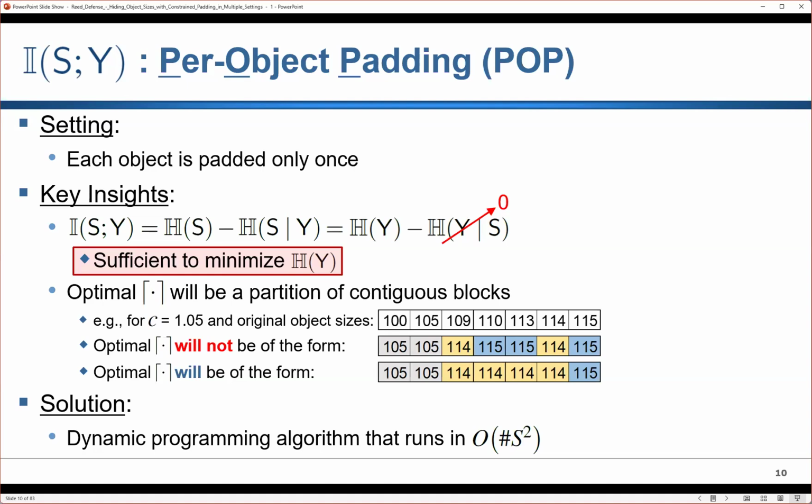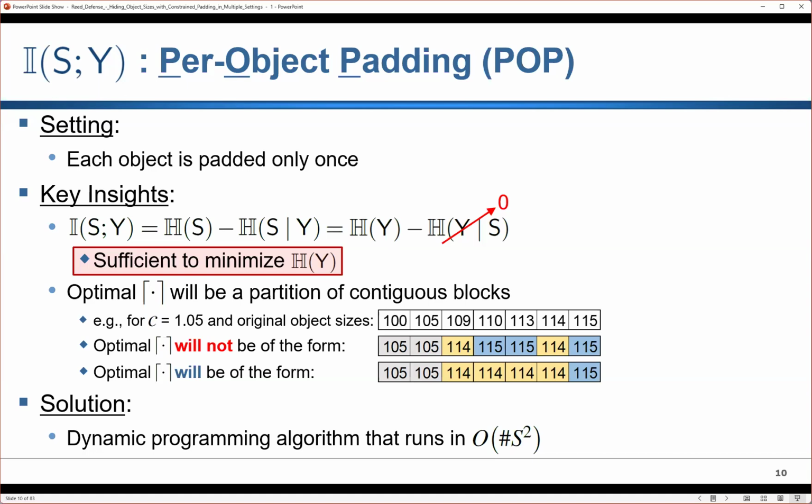The key insight here is, in addition to this previous calculation for mutual information, we also have this other calculation that shows it's the difference between the entropy for padded sizes and the conditional entropy of padded object sizes given their identity.